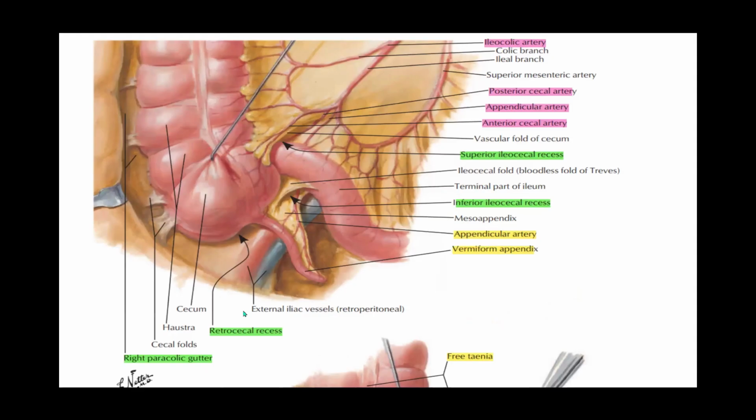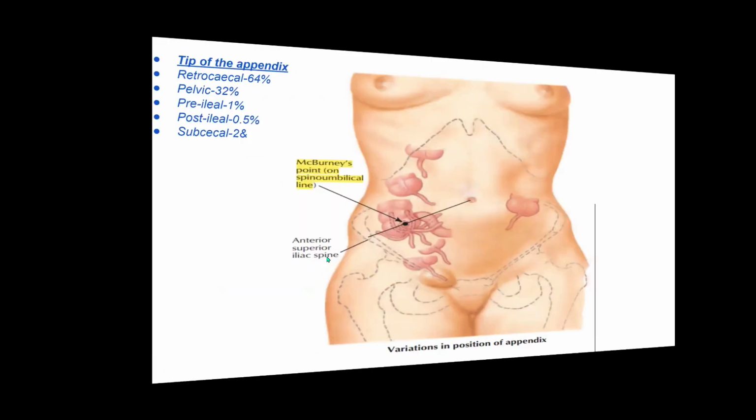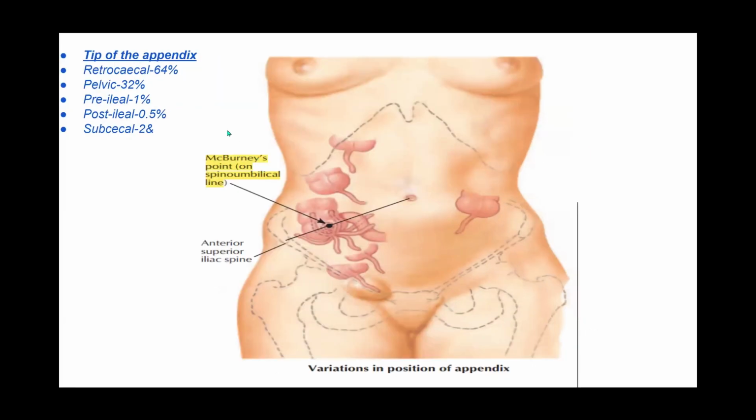In the previous image, we saw a retrocecal recess, which is just a peritoneal infolding, a peritoneal invagination. If the tip of the appendix is behind the cecum, it's a retrocecal position, and in 64% of people, the tip of the appendix will be retrocecally positioned.